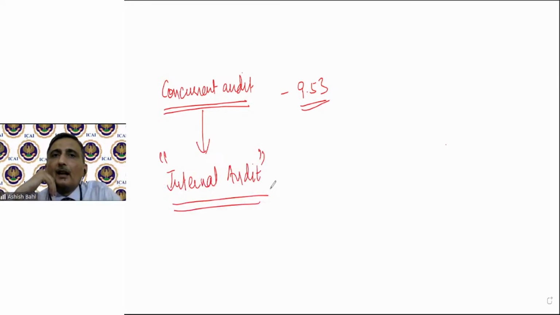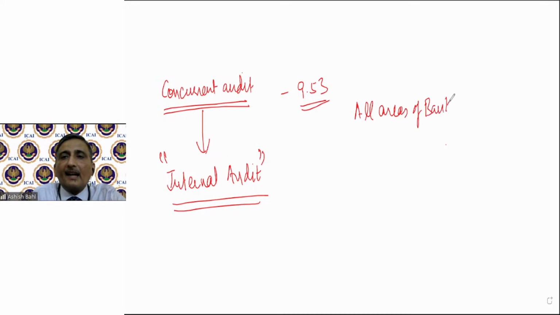And one more important thing you have to keep in mind is that concurrent audit virtually covers all areas of banking. This kind of basic understanding would help you in answering MCQs and case study based questions.